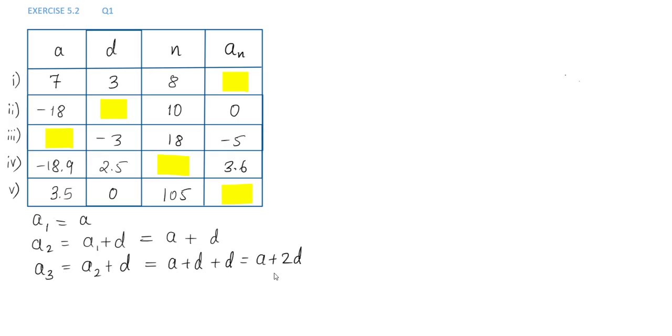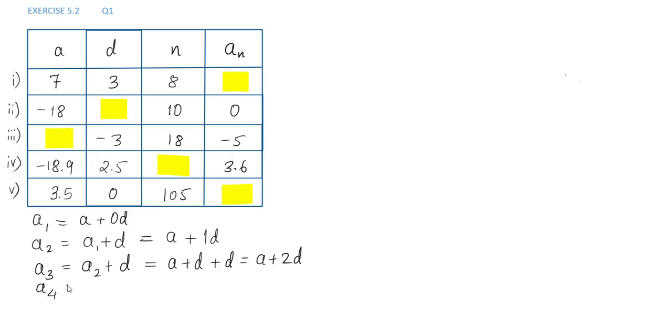If you notice how many d we are adding: in the first term we haven't added any d, that's 0 times d. In the second term we added 1d. In the third term we added 2d. So the number of d is always 1 less than the number of the term.